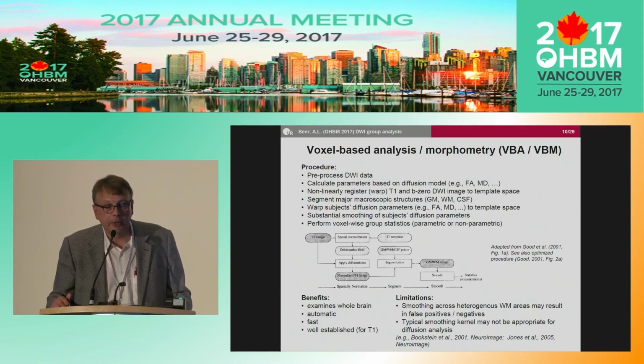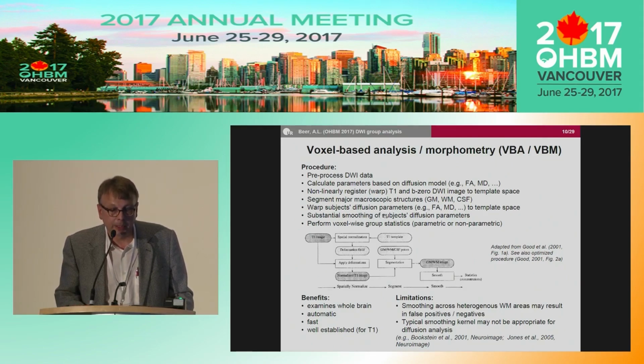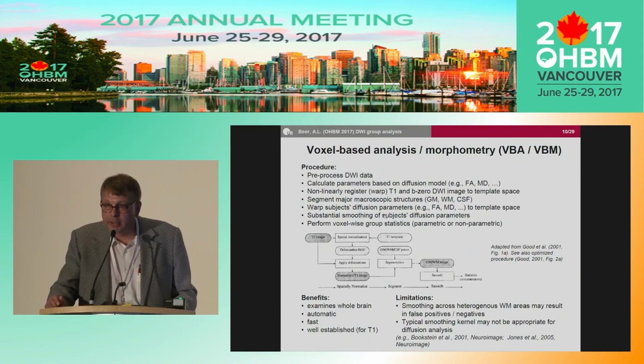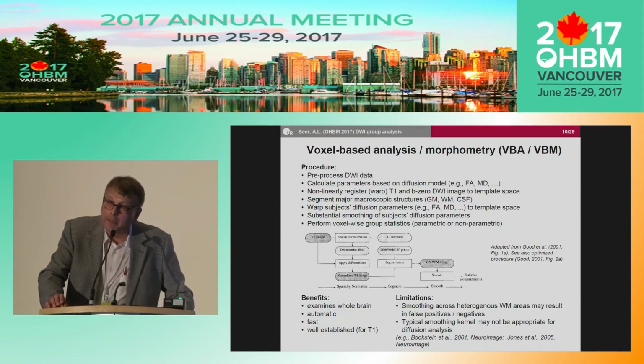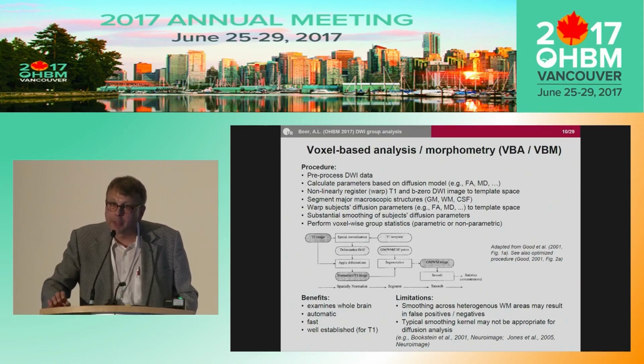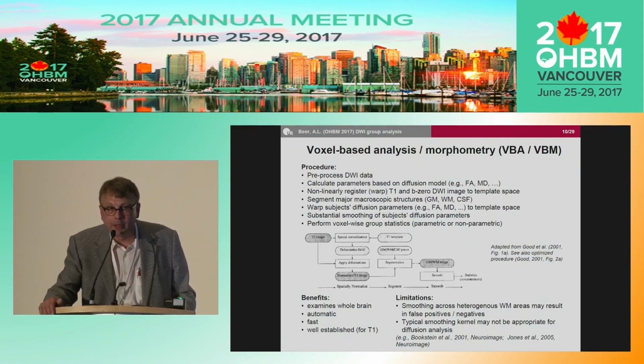But in this approach, usually you apply a lot of spatial smoothing, which is necessary to solve the normalization problem, to get a good overlap of individual data with the template data, and also necessary for procedures for multiple comparisons like the random field theory.